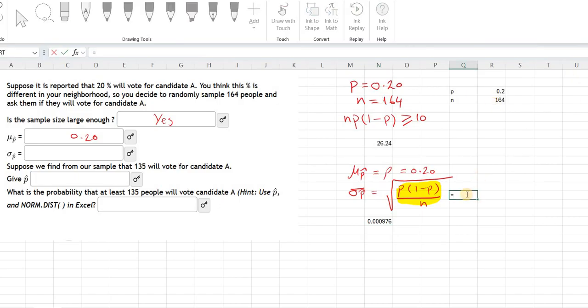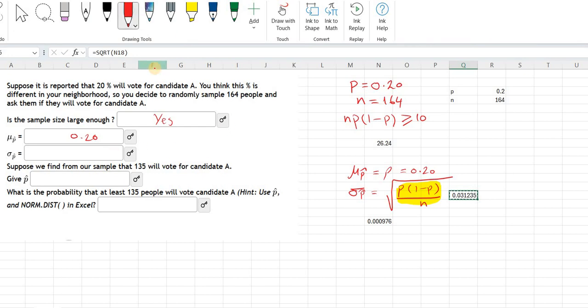So I'm just going to put the answer here. I'm going to say this is equal to, sorry, SQRT is for the square root, and then what's under the square root that we computed previously. So this is going to be the standard deviation of the distribution of sample proportions.